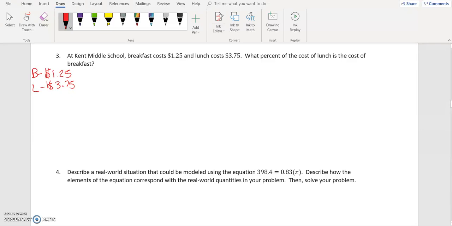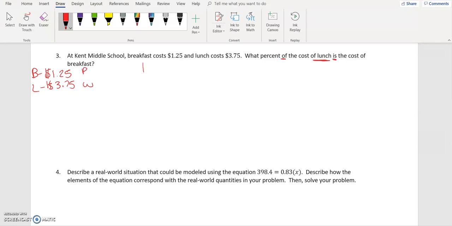Okay, so we got lots of ofs in here. Only one is though. So what percent of the cost of lunch? So of lunch, of is whole, so lunch is the whole. Is the cost of breakfast, so breakfast is the part. And again, what percent?